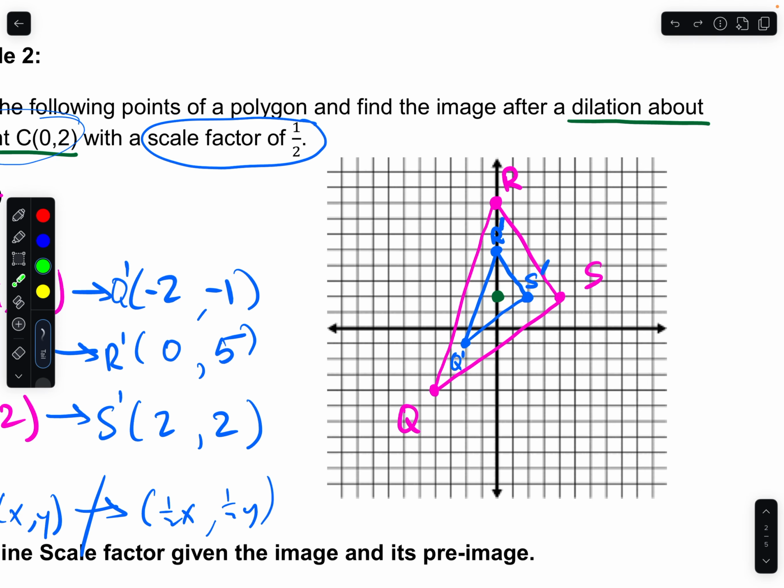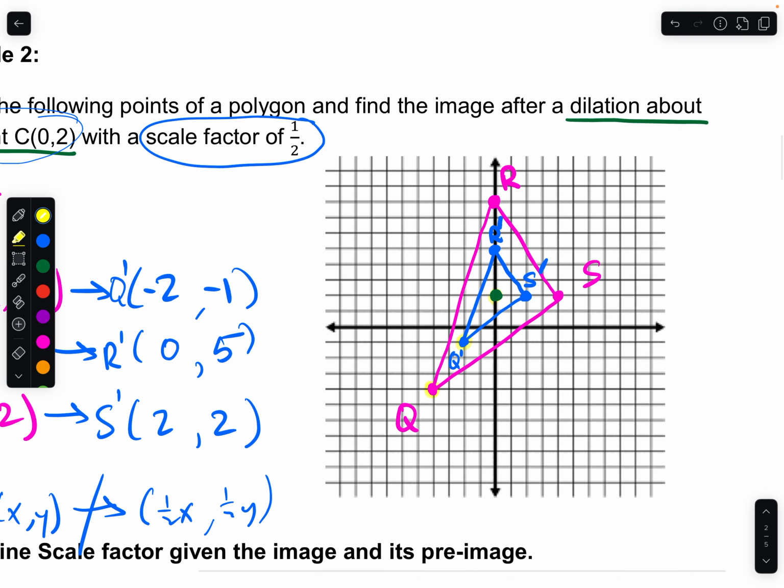I might ask you, where is the center of dilation? So if I were to give you the pre-image and the image, but let's pretend like that green dot isn't there, and I ask you to find the center of dilation, we can do that as long as we remember that the coordinate Q prime is halfway between the coordinate of Q and the center of dilation. In other words, all these points are, the fancy word for this is collinear.